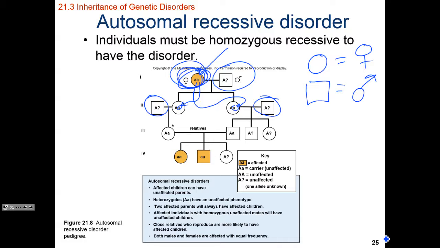Now, these kiddos reproduce, and this little girl has another little girl. And because this little girl does not have the disease trait being expressed, we know that she absolutely has at least one dominant allele.